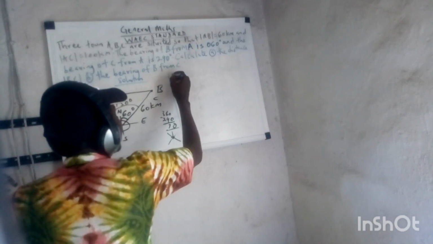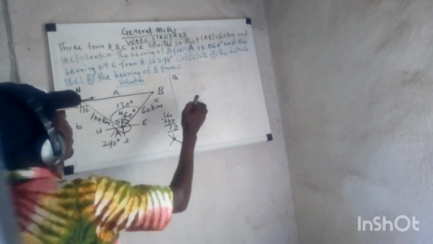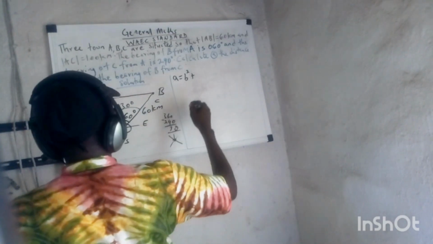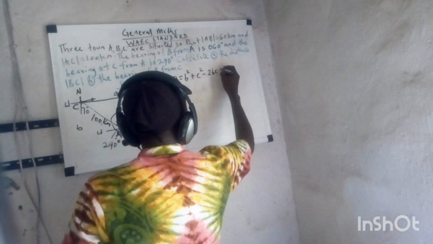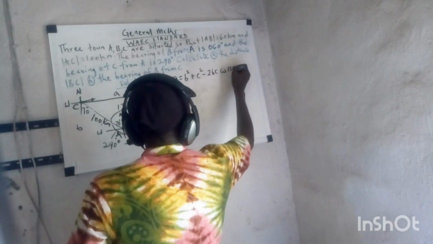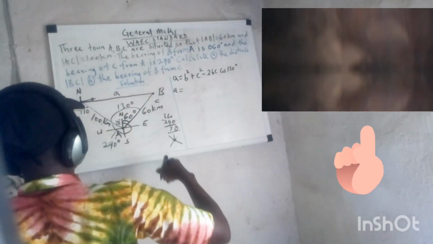Using the cosine rule, A, which is the side we are looking for, represents line BC. So A squared will be equal to B squared plus C squared minus 2BC cos 130 degrees.